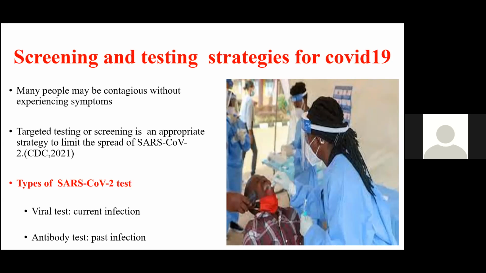There are 2 types of tests that can be done: a viral test for the current infection, or an antibody test. If you are testing antibody, you are looking at whether there is a present or past infection. For a viral test, you will be looking at whether there is still a viable virus. Next one.